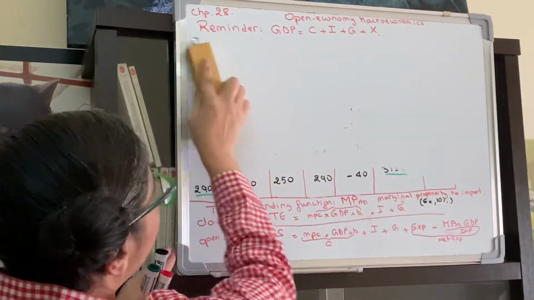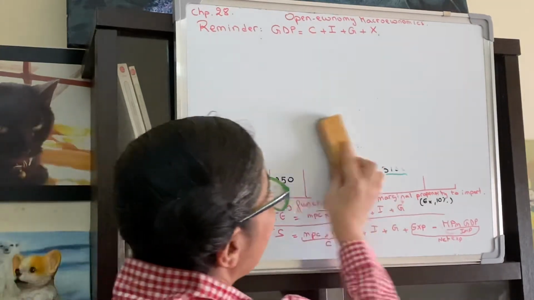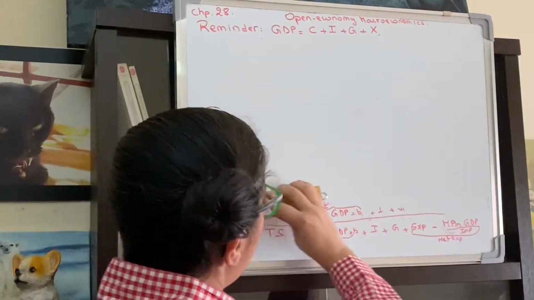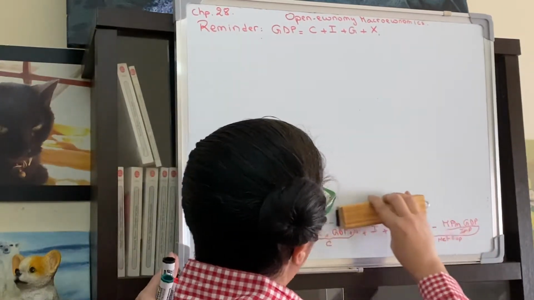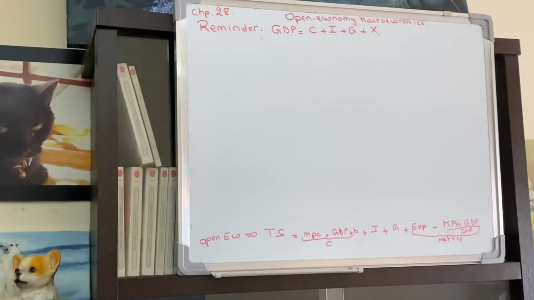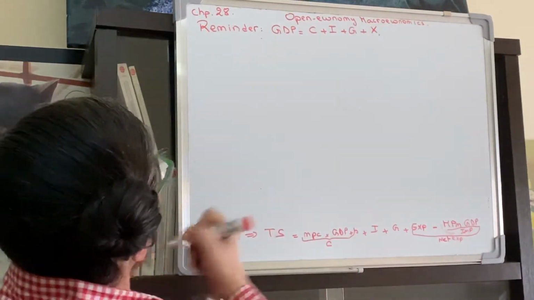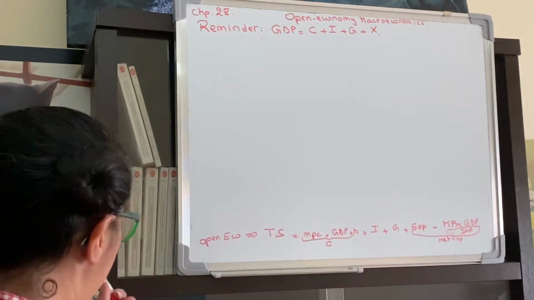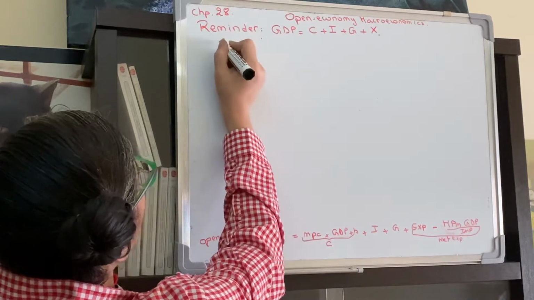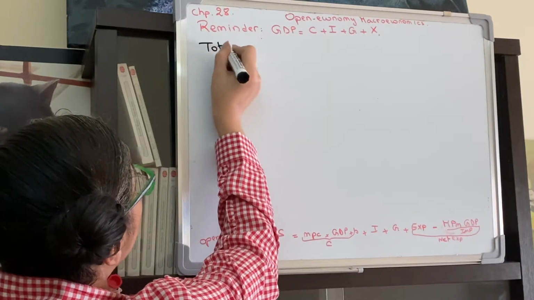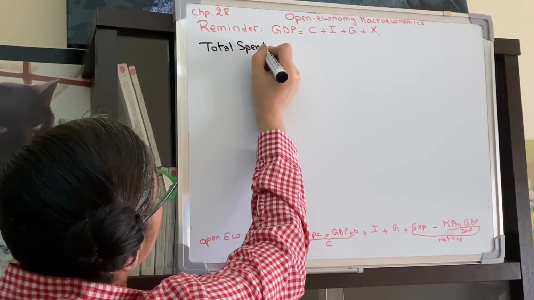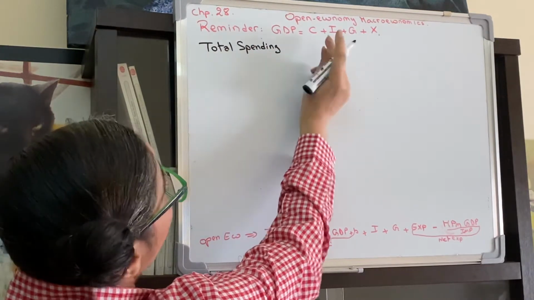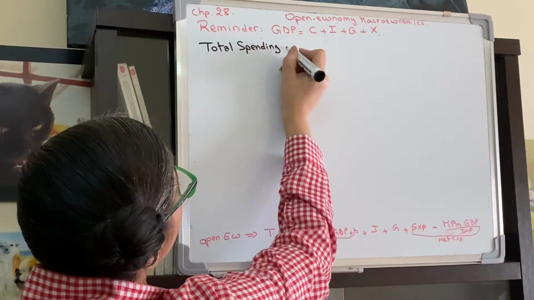So, I'm in the open economy, so I'm gonna rewrite my function. I'm gonna use black now. So total spending, which is C plus I plus G plus X.